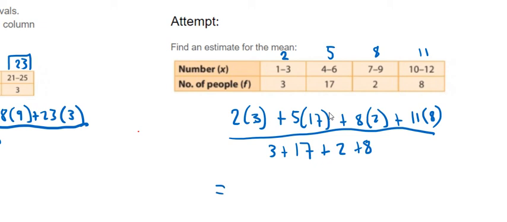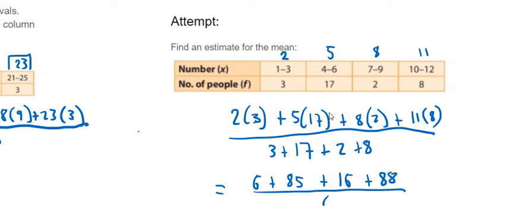And then, because the numbers are a bit smaller here, I can try and work them out myself maybe. So 85 plus 16 plus 88 over, and we're getting 60 on the bottom. And then I'll just put all that into the calculator maybe.